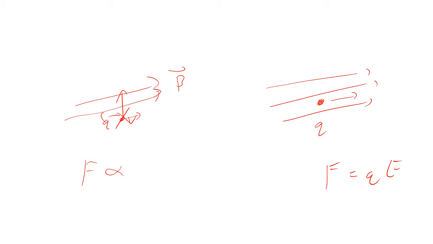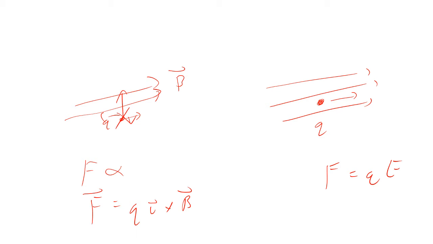Well, what's the moving charge? It's related to Q and to velocity. That turns out to be a little more complicated, and in fact it turns out to be very interesting how this works. So we know that this is going to be Q v cross B.